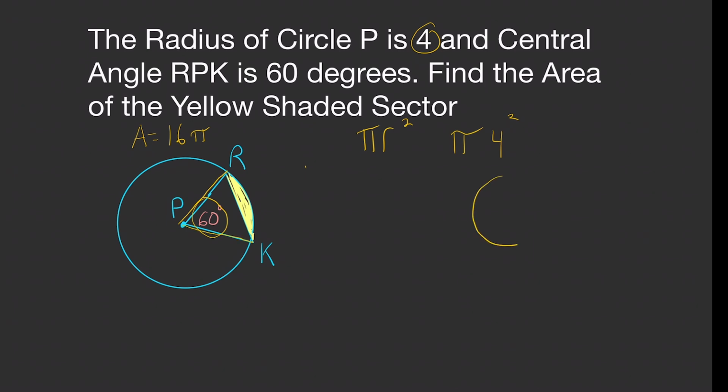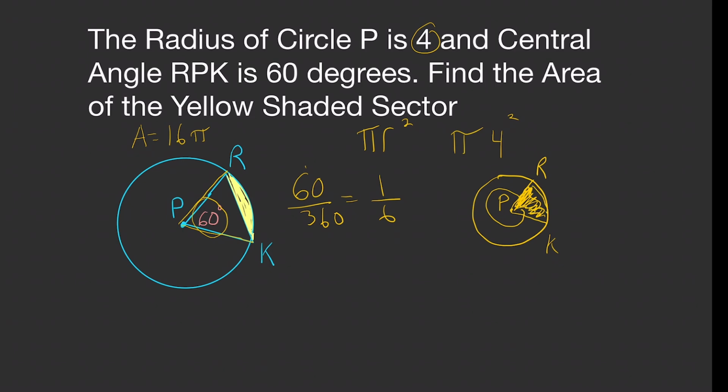If I had to draw a little picture here, if this is the R and this is P and K, and I wasn't dividing up into this little yellow part, well, we know that this is 60 degrees. So you need to do a ratio: 60 degrees out of a total 360 degrees, because 360 degrees would be all the way around. That means we have 1/6. This little piece in here is 1/6 of the circle.